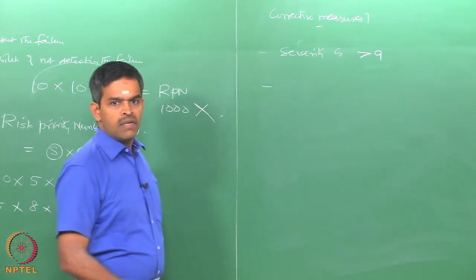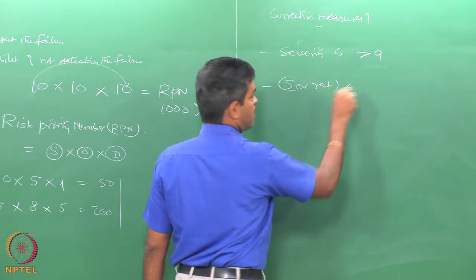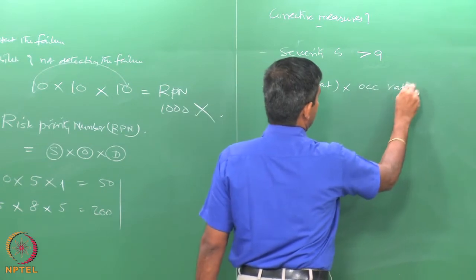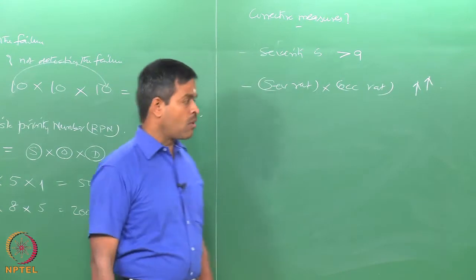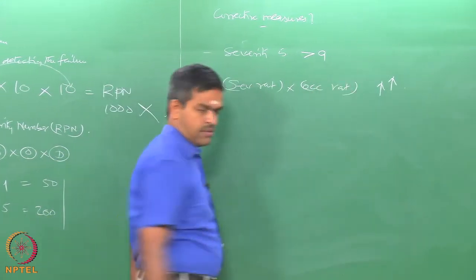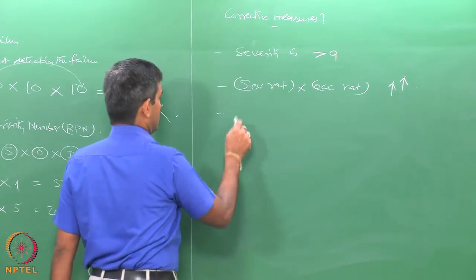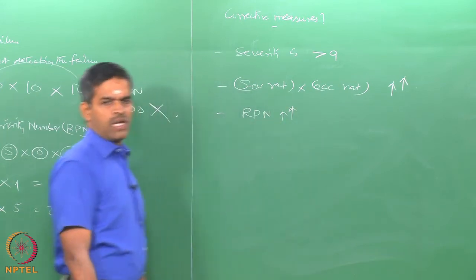Secondly, if the severity rating multiplied by the occurrence rating is very, very high, it means the component is severe and the failure of the component occurs very frequently, then you should again take corrective measures. Thirdly, if the RPN number is very high, then you should go for corrective actions.